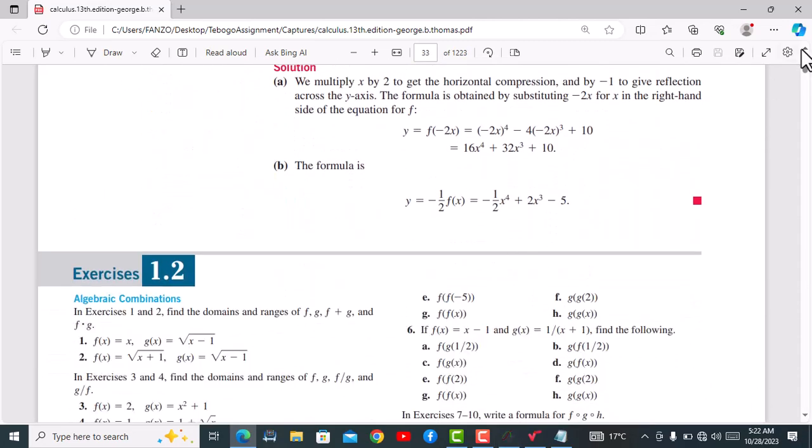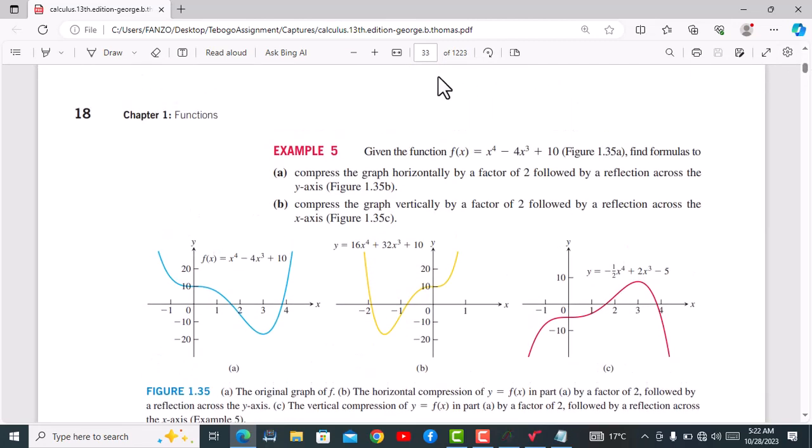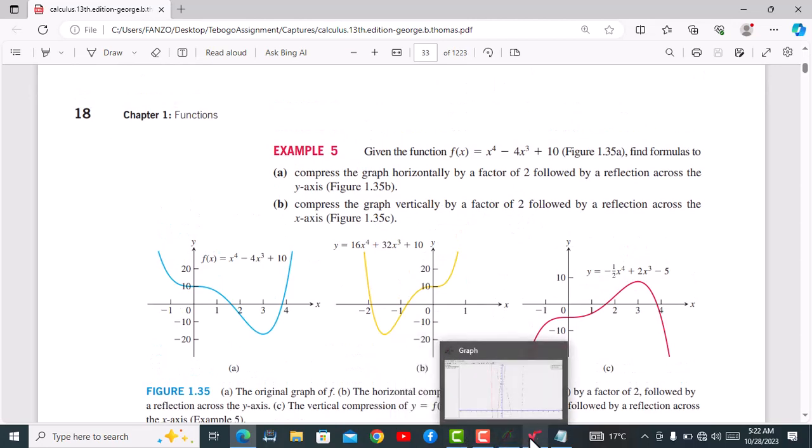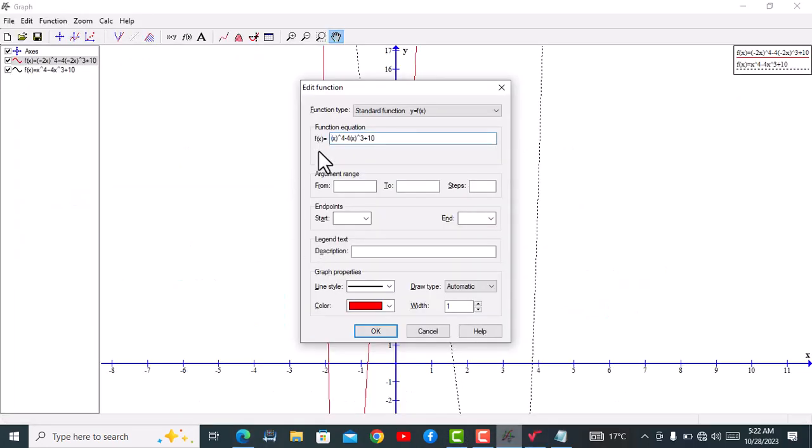So what we are going to do in number B, compress the graph vertically by a factor of 2. So what I'm going to do there is just to multiply by 1/2. So this is 1.